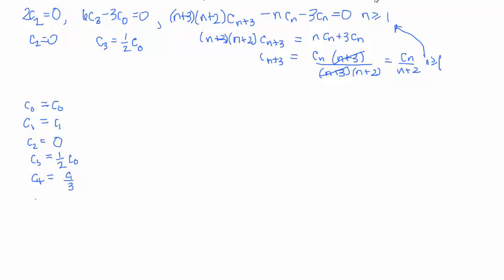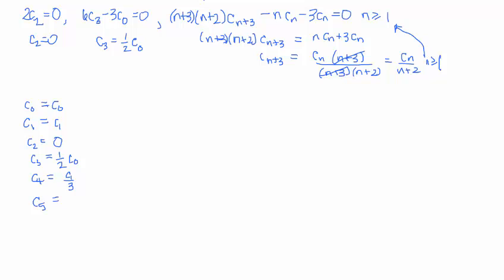Okay, so what we're going to end up doing here is getting all of our coefficients expressed in terms of C0 and C1. And then that'll allow us to pull apart our two parts of our solution into two linearly independent solutions. Sorry, I had some messy writing there.